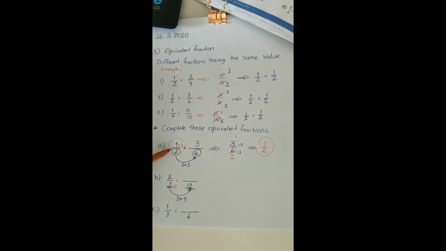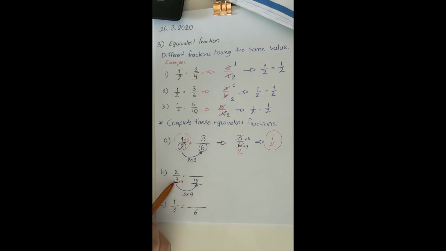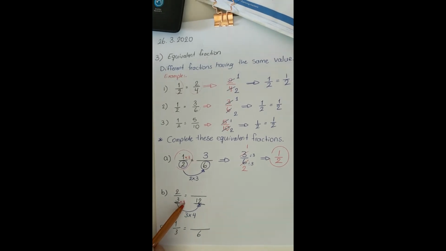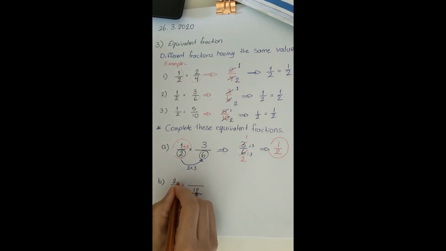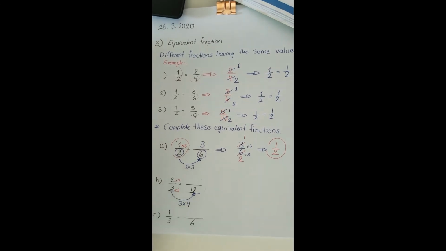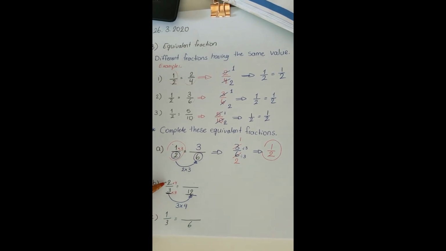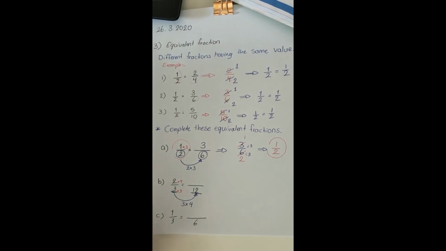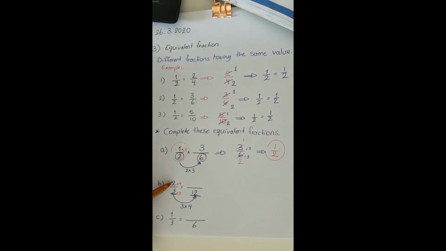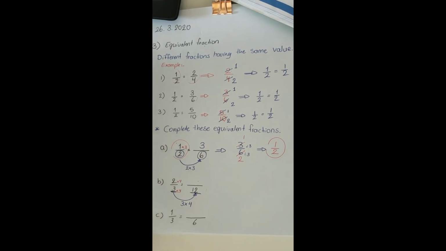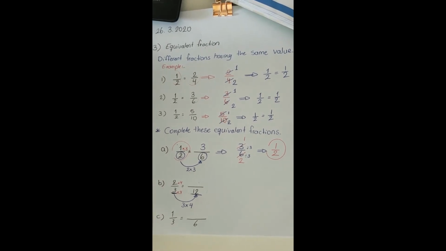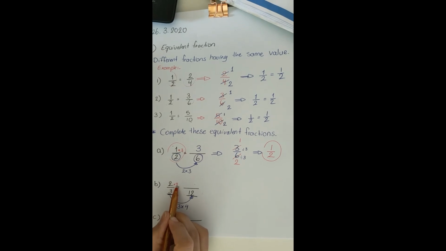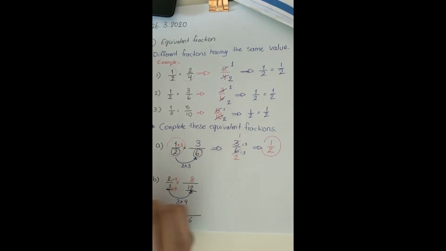Okay, as we did in this one, because I multiplied the denominator by 4, I have to multiply the numerator by 4 also. Both of them should be multiplied by the same number. This is a rule. Both numerator and denominator should be multiplied by the same number. 2 times 4 is equal to 8.